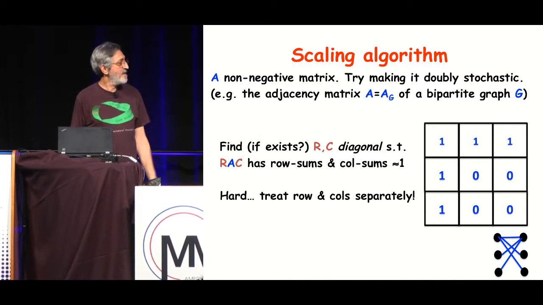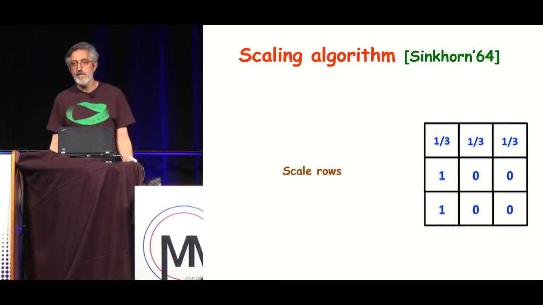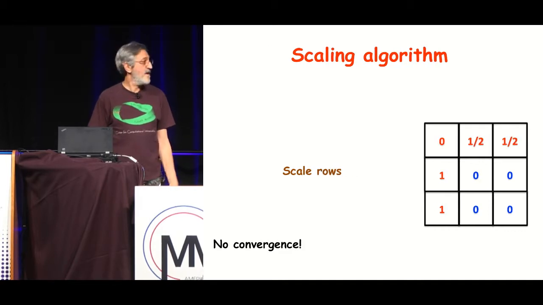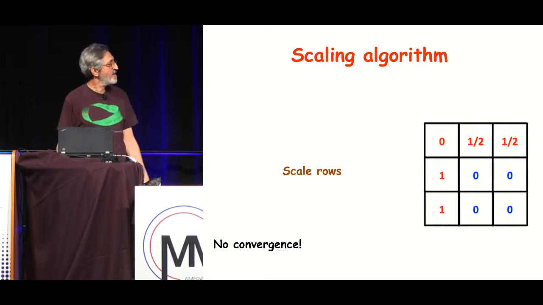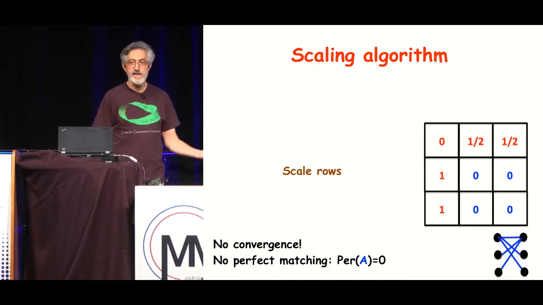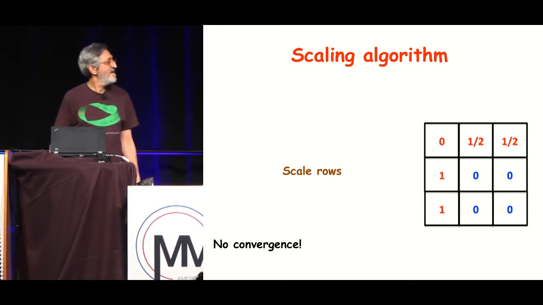So we can just scale the rows. OK, so we scale the rows, and now the rows are fine, but the columns are not. So we can fix the rows, we can fix the columns. Let's fix the columns. So let's experiment with this idea. If we scale the columns, now the column sums are 1, and the row sums are screwed up, so we can scale the rows. And I think you get my drift.